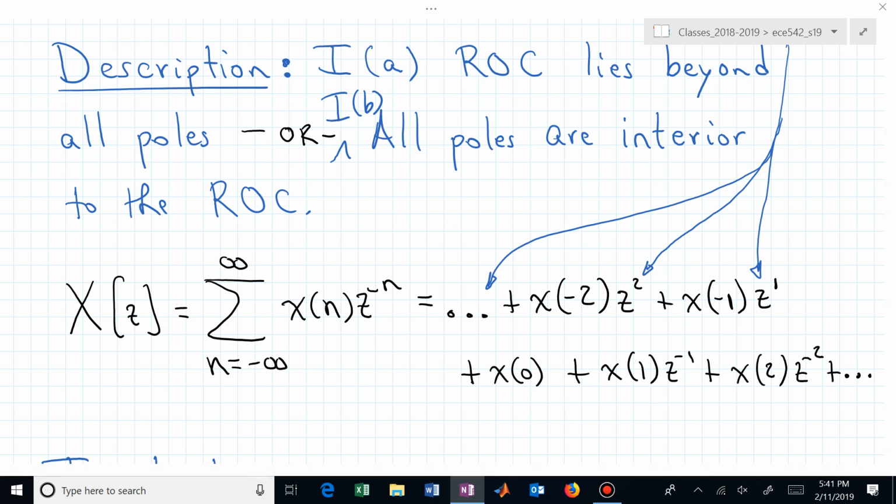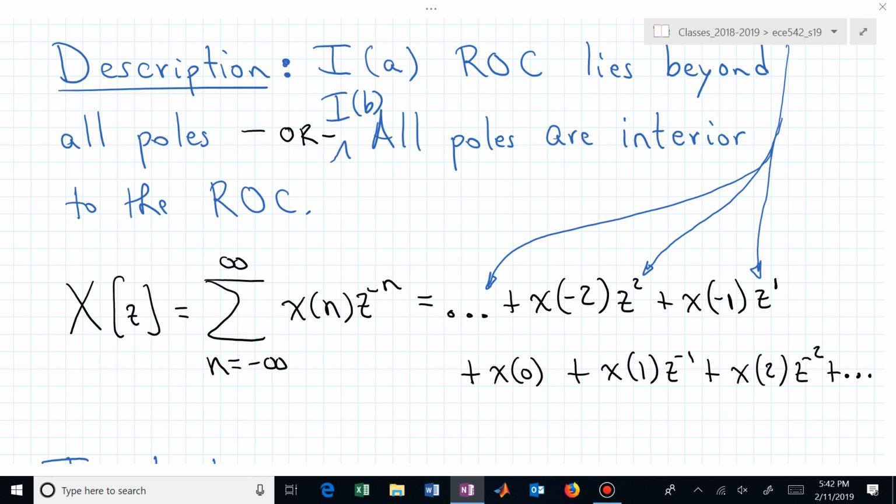If capital X of z is bounded, what does that imply about little x of n? If we have infinity times a number, what's that result going to be? And then we add infinity squared times another number, plus infinity cubed times another number. Does that give us a bounded result?